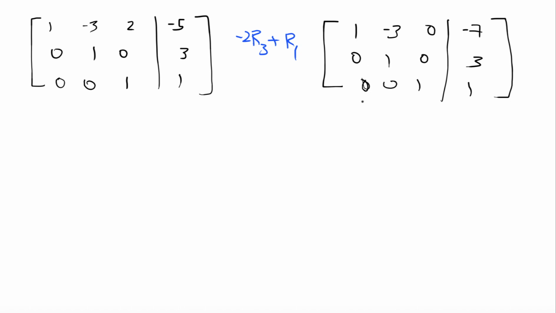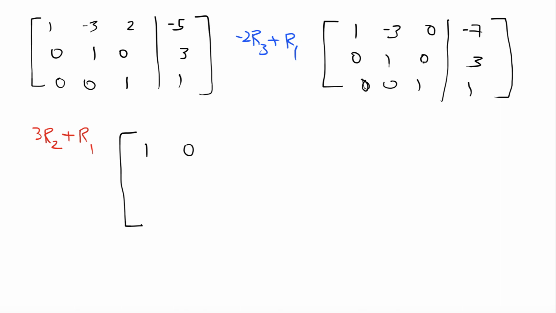So what is the last thing we need to do? We need to multiply row 2 by 3, and add that to row 1. So by doing so, notice what happens here. We get a 1, but when we multiply this by 3 and add it here, we get a 0.